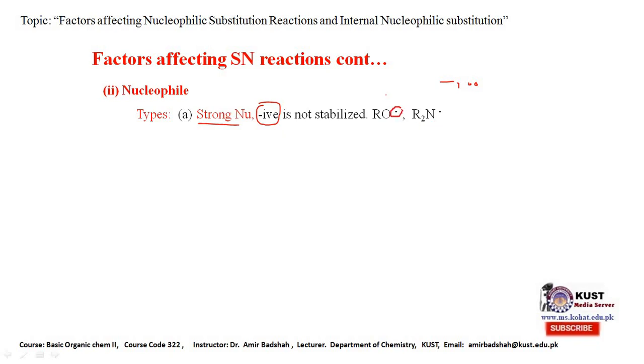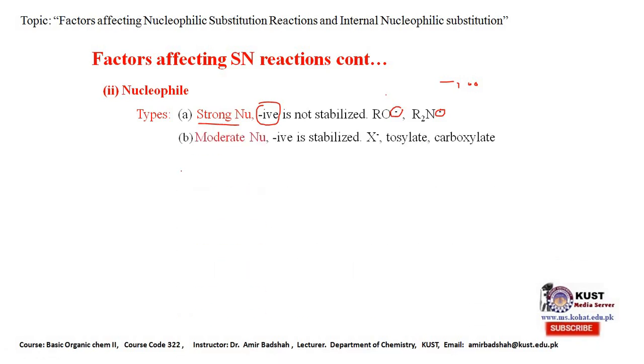Here the negative charge is present, so it is a strong nucleophile, because this negative charge on oxygen or on nitrogen is not stabilized, so the density of electrons is more. If the density of electrons is more, it will attack strongly on the electrophilic center, so such a nucleophile will be the stronger one.